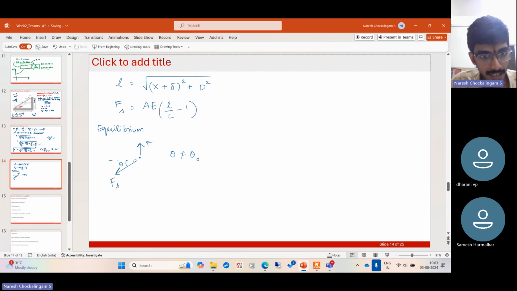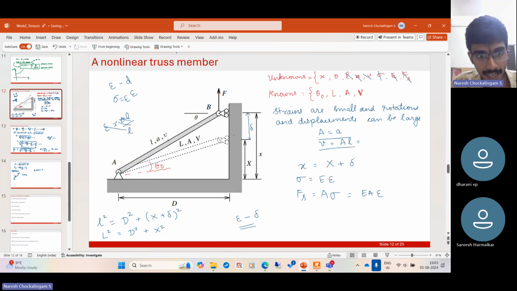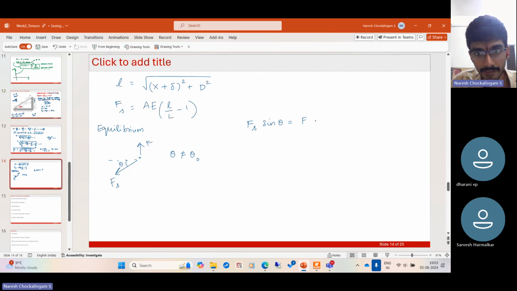The relationship between F and Fs is Fs sine theta equals capital F. From this diagram, sine theta is opposite by hypotenuse, which is x by L. So F is equal to Fs times x by L, where x is X plus delta.